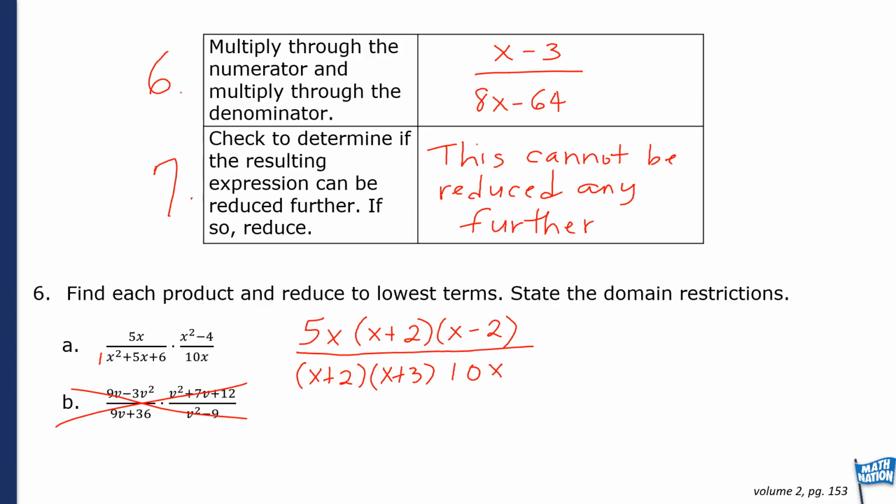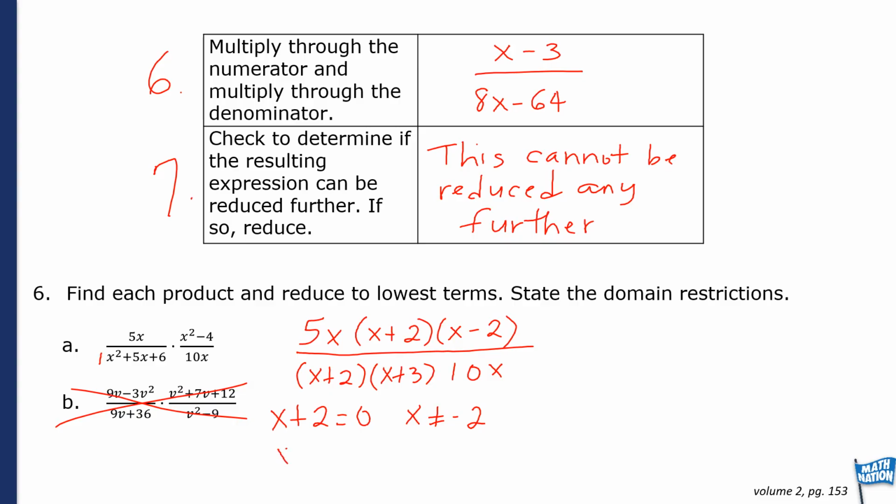All right, so now we're going to take the next step. Let's take our denominator, set each of our factors equal to 0, and see what our domain restrictions are. So we have x plus 2 equals 0, and when we solve for x, x cannot equal negative 2.